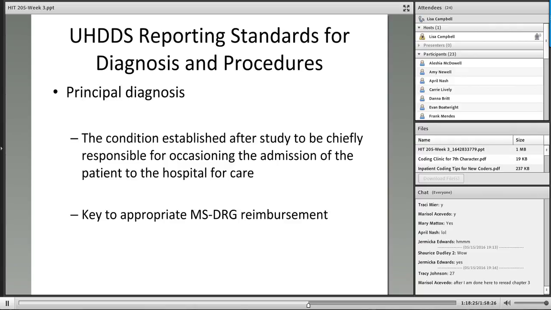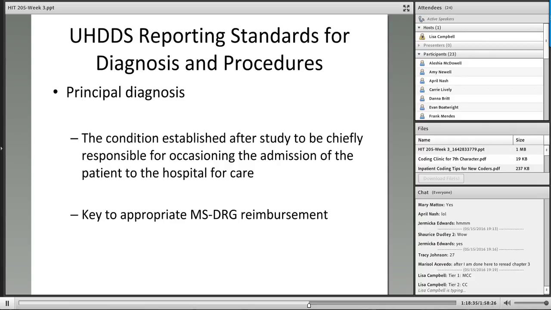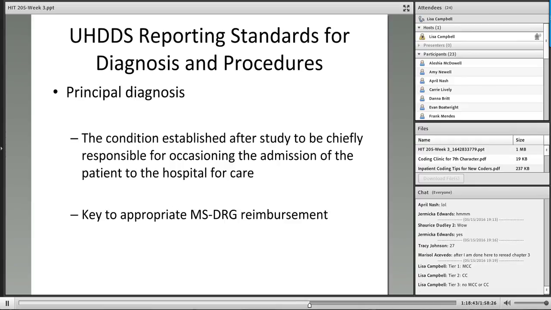And the 3 levels, I'm going to type them here. Tier 1 has an MCC, Tier 2 has a CC, and Tier 3 has no MCC or CC. Well, what does that all mean? This is what it means.